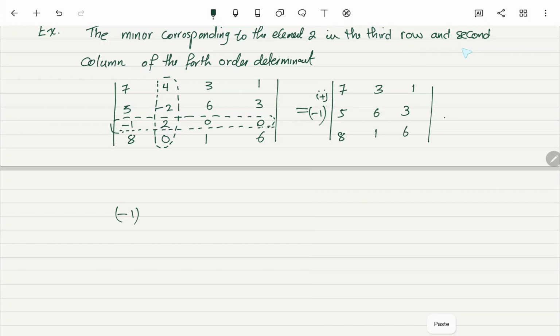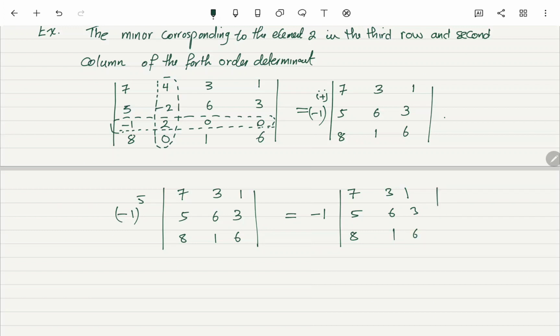So 3 plus 2 is 5 here, and you multiply it with the minor, 7, 3, 1, 5, 6, 3, 8, 1, 6, and this will be equal to minus 1 to the power 5, so it's minus 1 times this determinant right here.